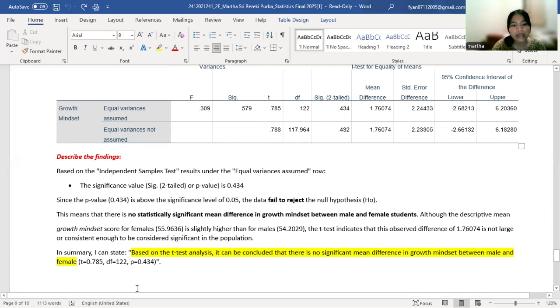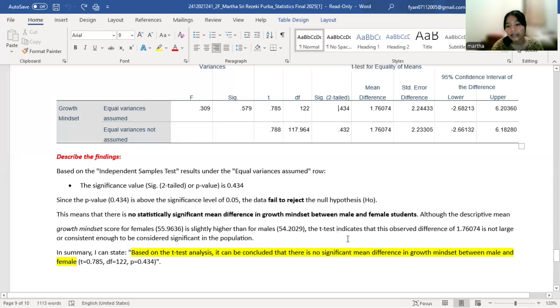This means that there is no statistically significant mean difference in growth mindset between male and female students, although the descriptive mean growth mindset score for females, 55.96, is slightly higher than for males, 54.20.